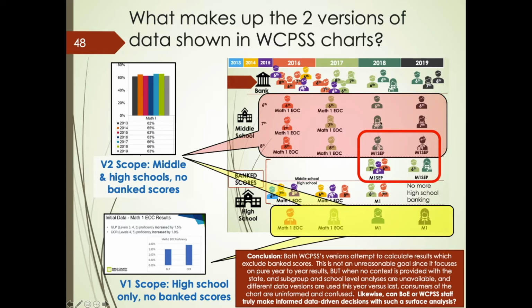So the 6th graders and 7th graders, or 5th graders if there's such students, those scores would be banked and would not count in M1 SEP until they are unbanked when that student gets into 8th grade. So again, Wake County is including the middle school test takers, 6th, 7th, 8th, whatever grade they're in, into this metric over here. And then M1 SEP just picks those test results up once those students get to 8th grade.